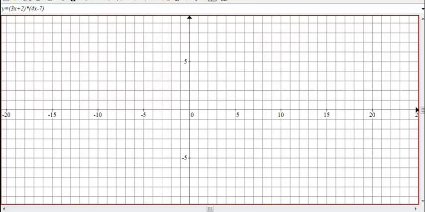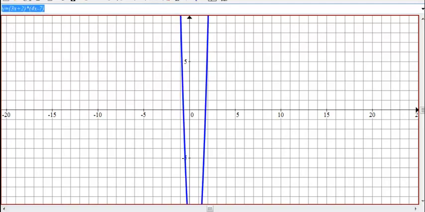I'm using the shareware program Graphmatica, which I highly recommend for doing graphs. So there's the graph with the original. This may not be a really great window. We'll have to experiment with the window in a minute.